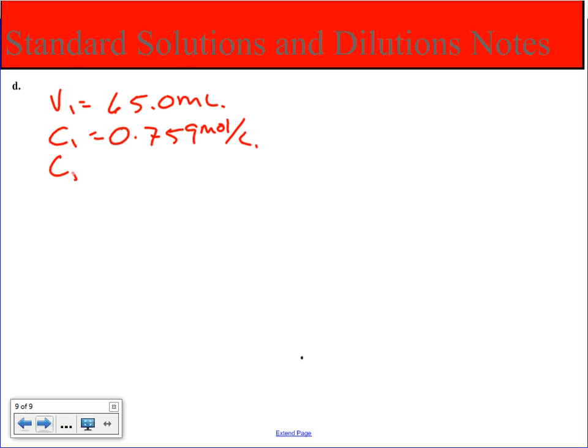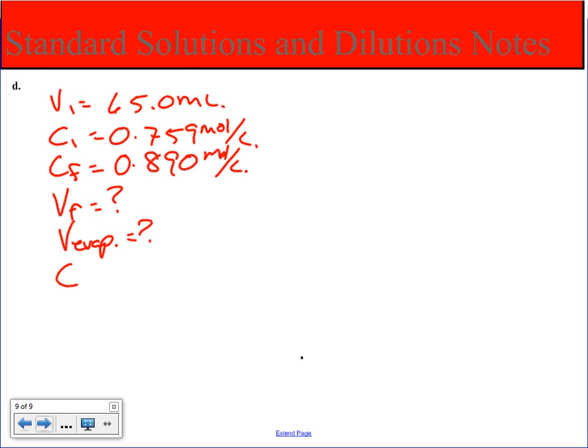But now my concentration final that I want is actually 0.890. So it's actually higher than my initial concentration. So I need to calculate the volume final, and then I need to calculate the volume evaporated.